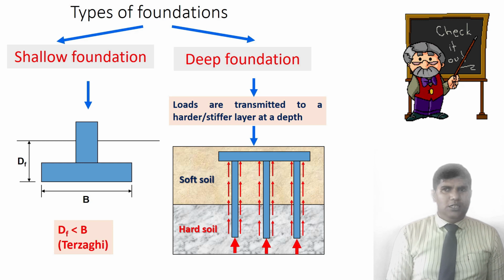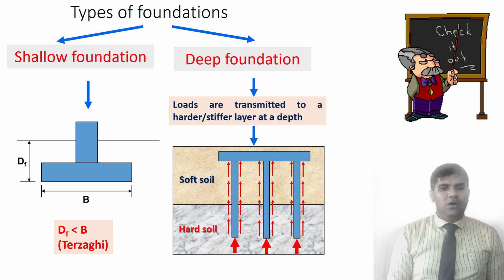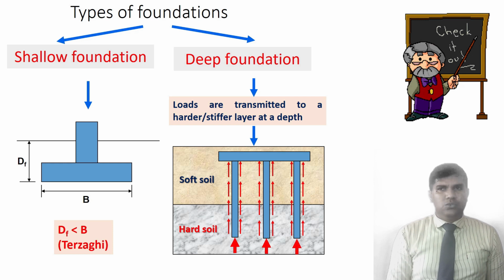This principle is stated by Terzaghi. The second thing is deep foundation or pile foundation. Mainly the piles are used to transfer the load to firm soil or hard soil layers, otherwise you have to go to the bedrock level.